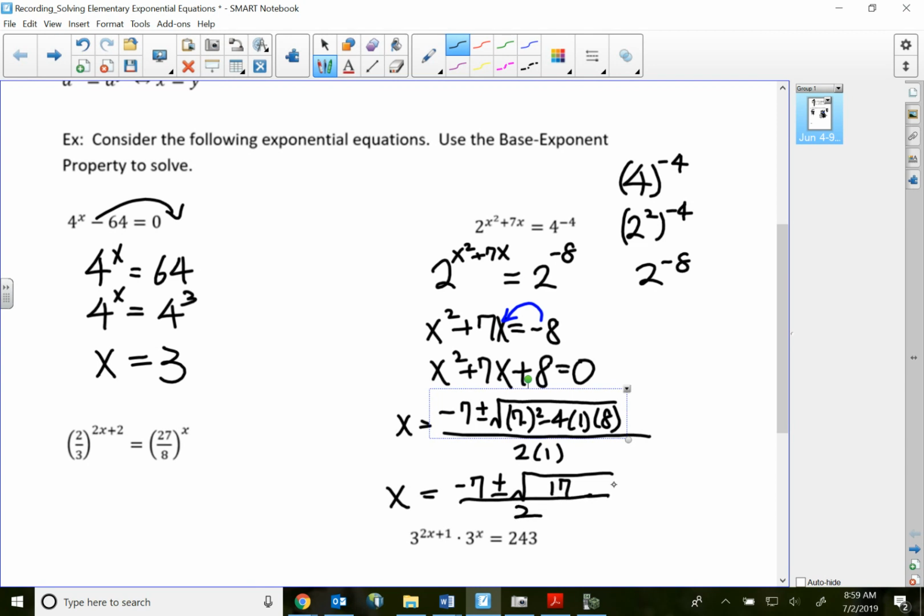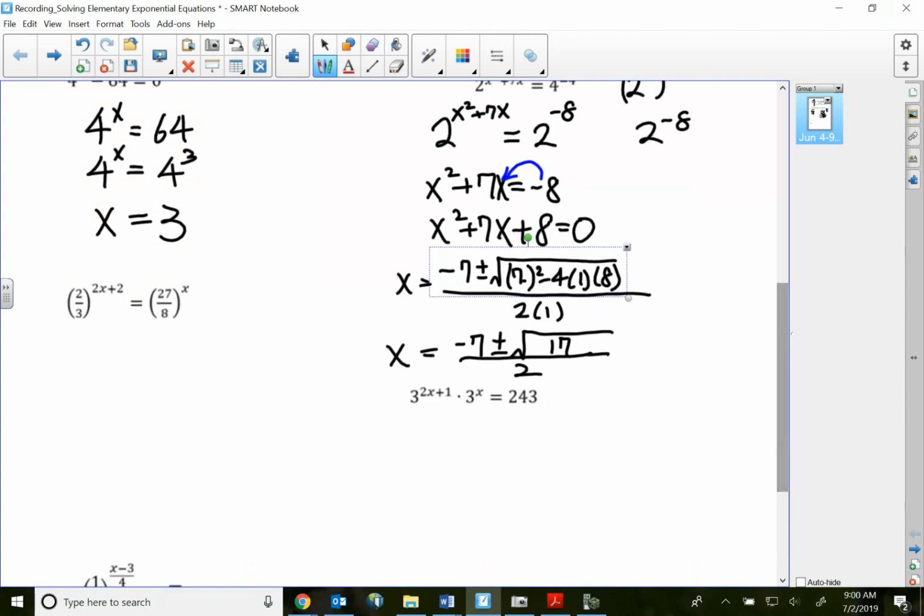And that's my answer. To check it, which I'm not going to do right now, you can take your answer, do the plus or the minus separately, plug it in here, and see if it's equal to 2 to the negative 8. If it is, then I confirm that's my answer.